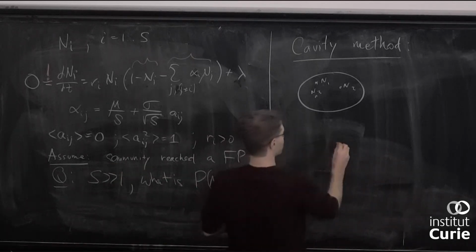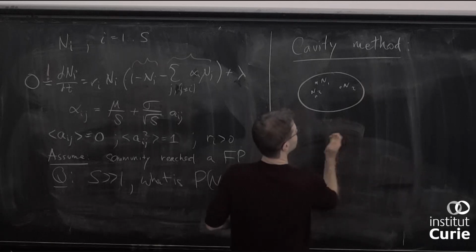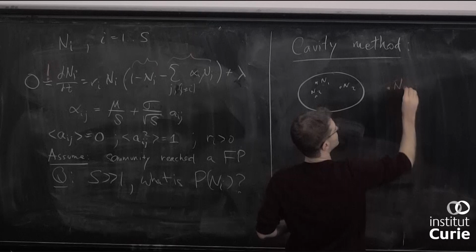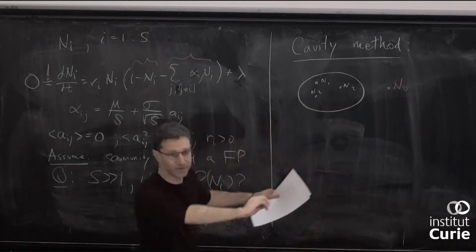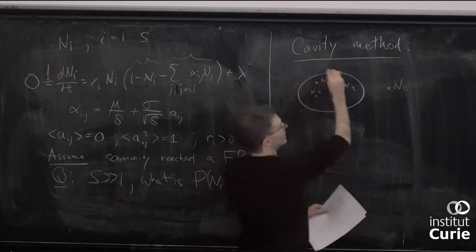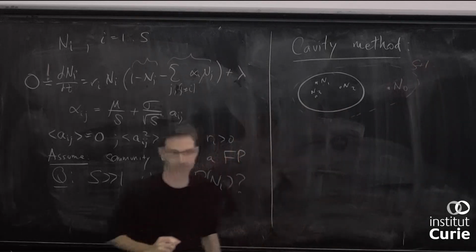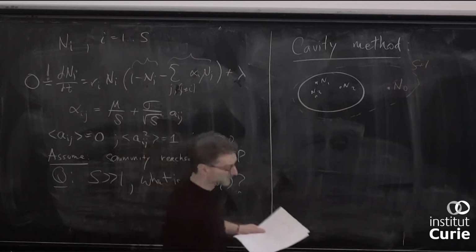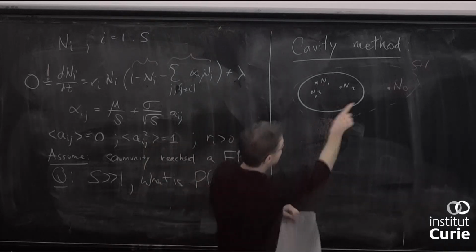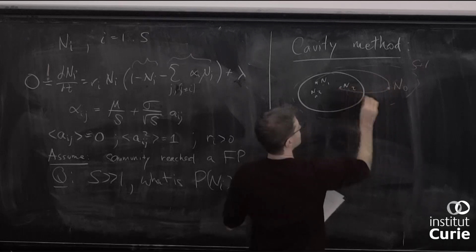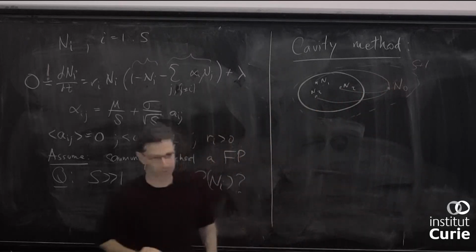Let's call its abundance N0, so its index is 0. Now I have a new, larger community that in total has S plus 1 species in it. And of course, this N0 interacts with all these other species.